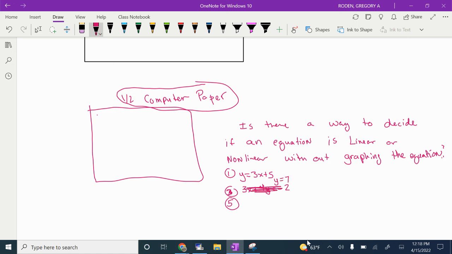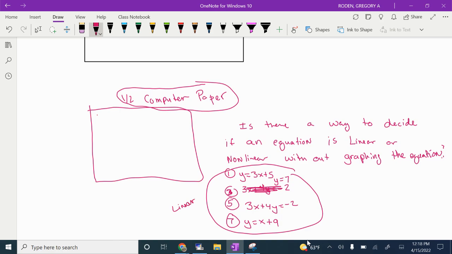Box 5 is 3x plus 4y equals negative 2. And box 7 is y equals x plus 9. Now, all of these were linear. They were all lines. Okay, so hopefully you got that. So these should all have stars next to them in their boxes.